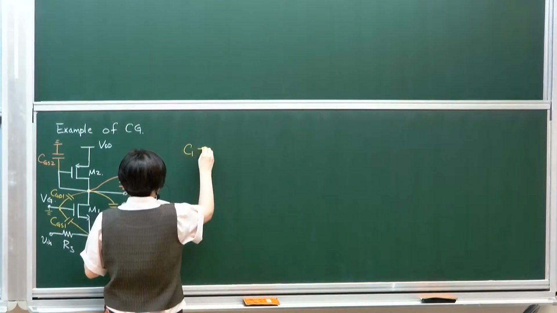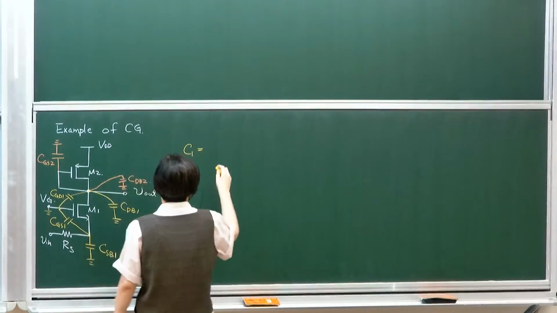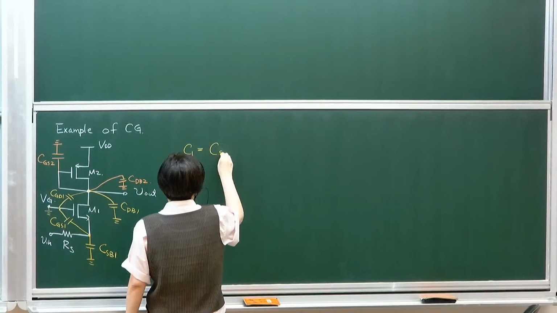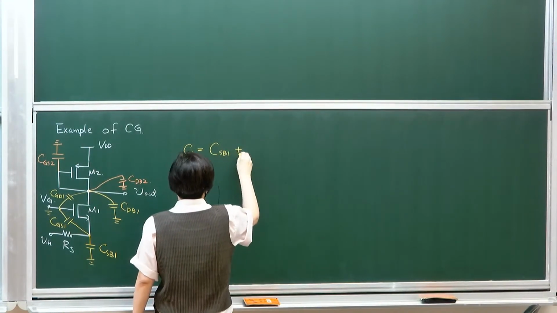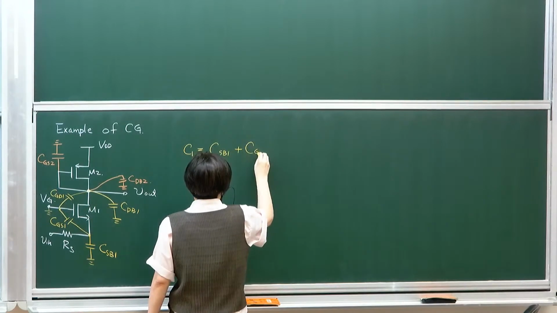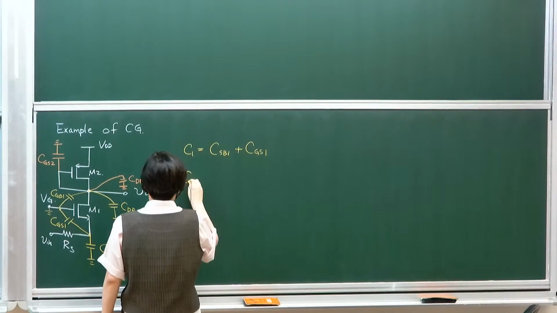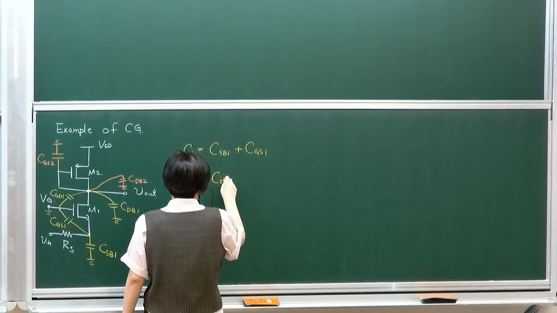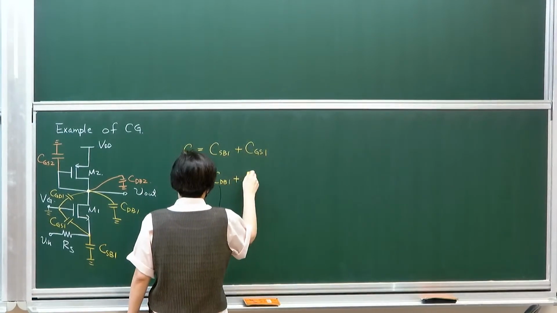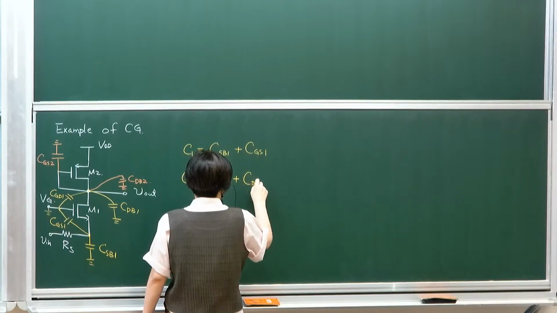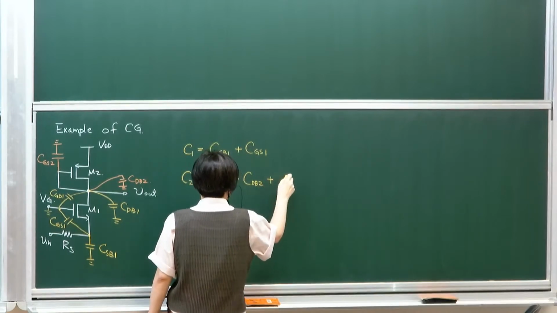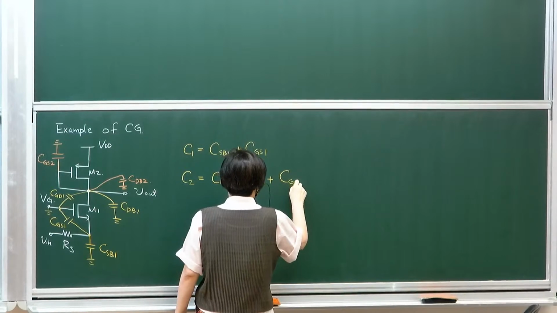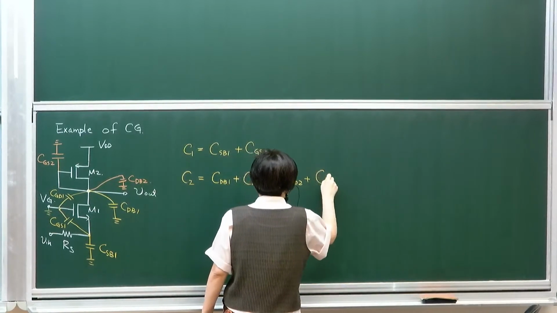So C1 will be only two components. One is this junction capacitance plus CGS1. For C2, there's many more because there's junction capacitance, two junction capacitances, CGD2 plus CGS2.